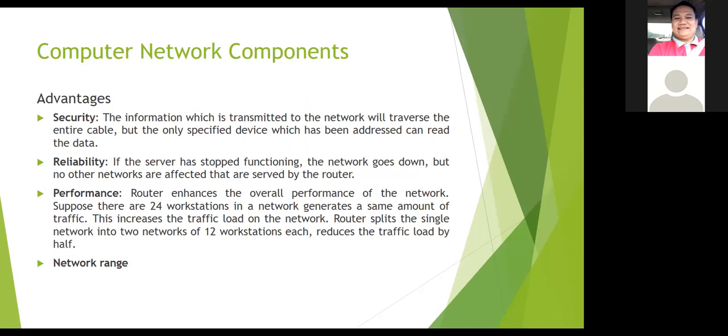Unlike the hub, the information will be transmitted to all the devices in the network. Reliability. If the server has stopped functioning, the network goes down. But no other networks are affected that are served by the router.